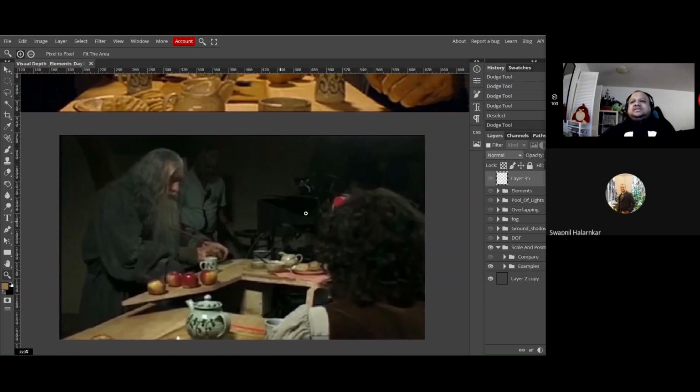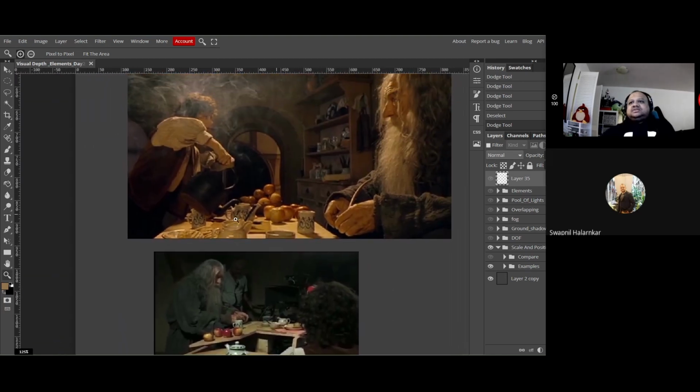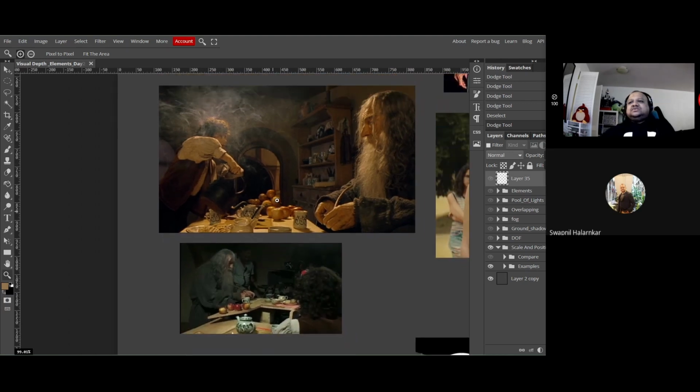See, the camera is here, and it's very close to the camera, and they have split this table to fake that. So what is happening is his table is far away and his table is near, blended between the two tables. That's why you feel like there is one table, but actually there are two tables.